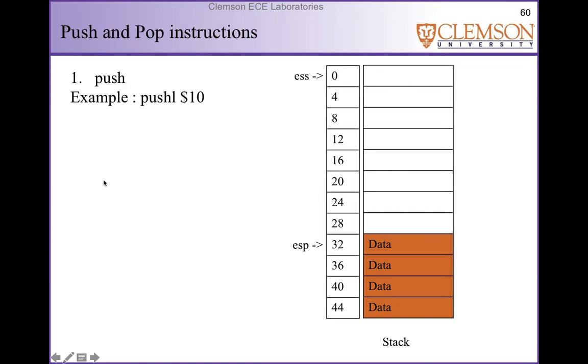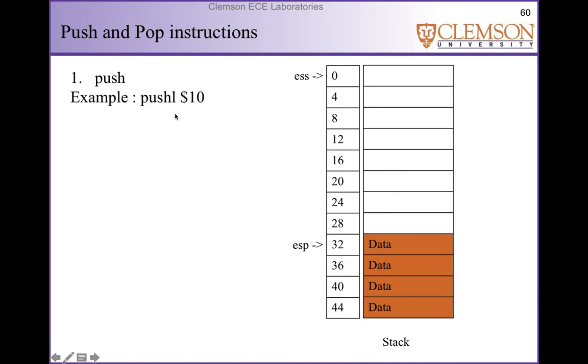Number one, push instruction. Push instruction is like your move, add, subtract, divide, multiply, whatever. You have this L right here for bit matching and stuff like that. For our example, let's say the ESS is pointing to the 0 right here, and ESP we've technically set to 32.